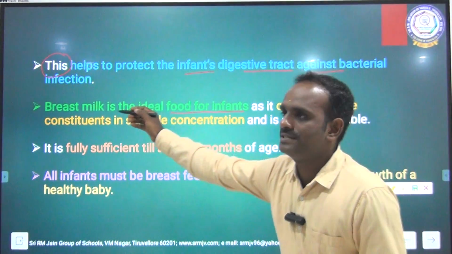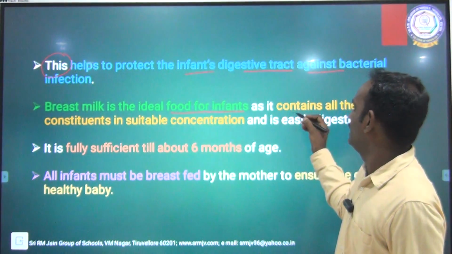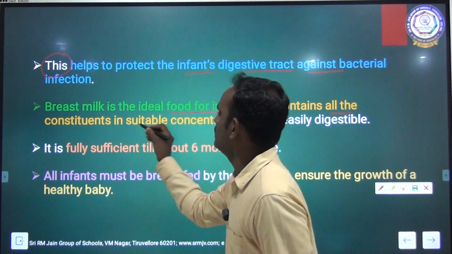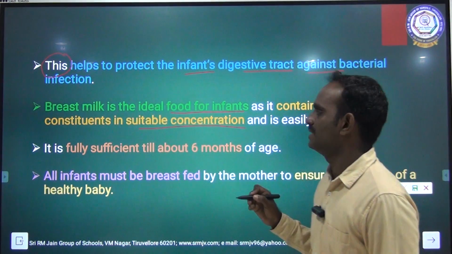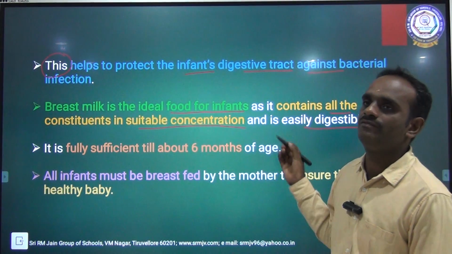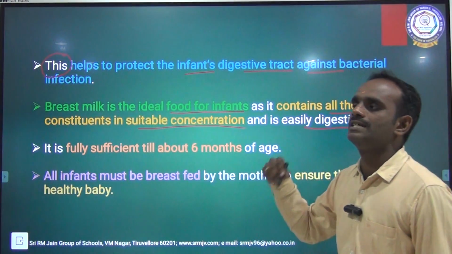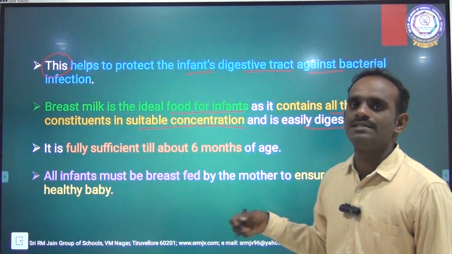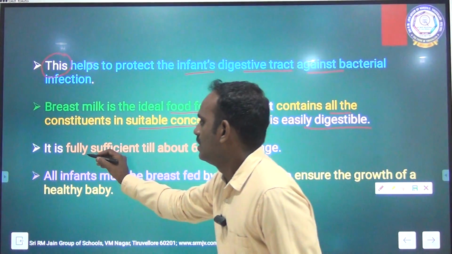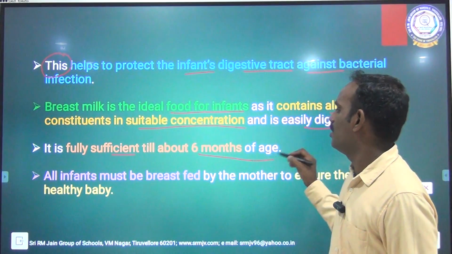So breast milk is the ideal food for infants, and it contains all the essential nutrients, all the constituents in suitable concentrations, and it is very easily digestible for infants. It is very necessary for the infants to grow nicely. It is fully sufficient till about 6 months of age.